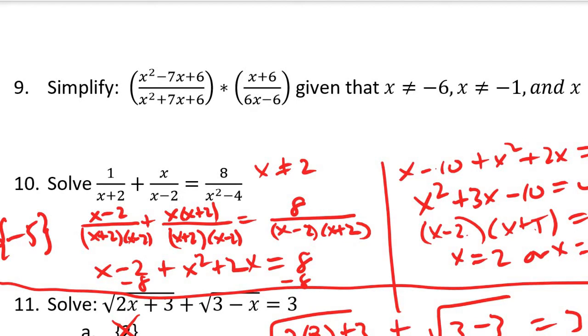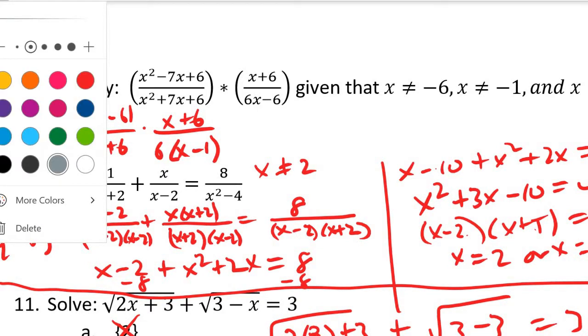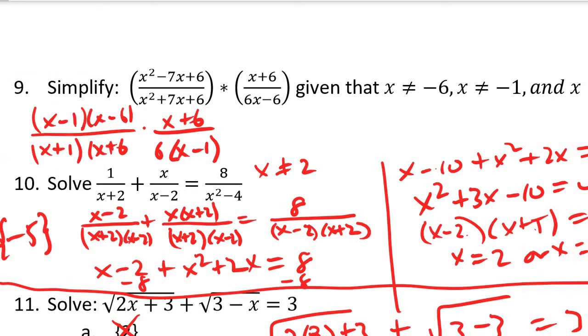The answer to this, for number 9, you have to factor the numerator: (x minus 1)(x minus 6), and the denominator: (x plus 1)(x plus 6) times (x plus 6)(x minus 1). We can now begin to cancel out.